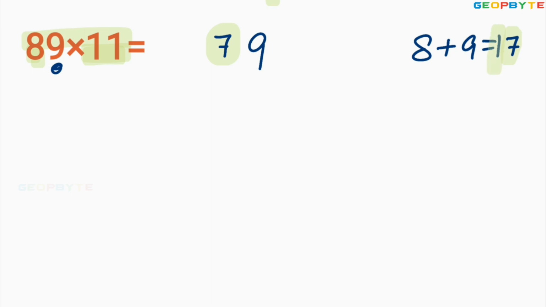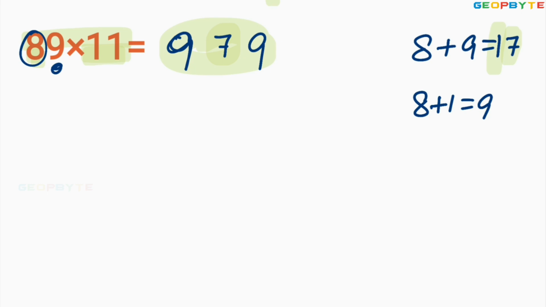You add that carry forward for the 8. 8 plus 1 equal to 9. 979. 979 will be the value of 89 into 11. See how simply, how easily you are getting the answer.